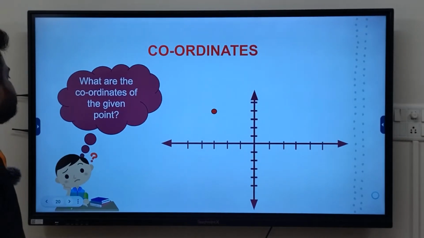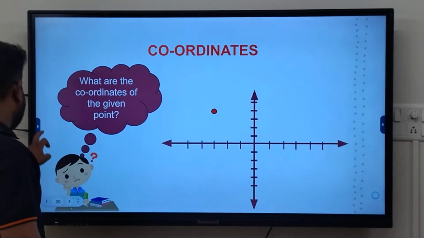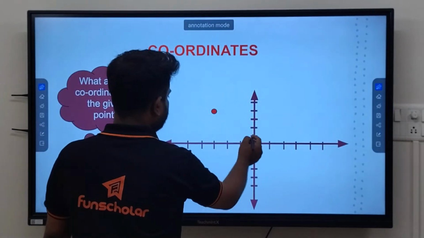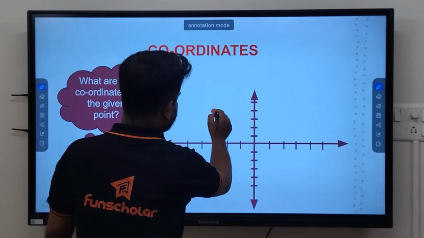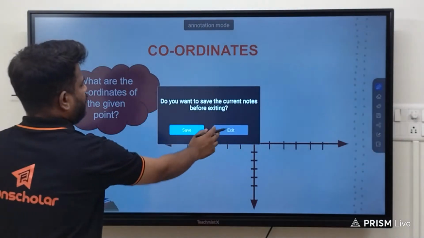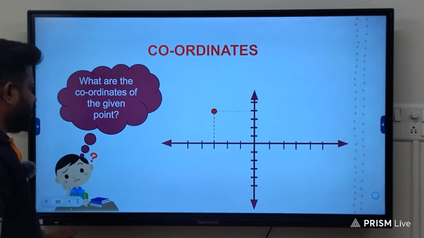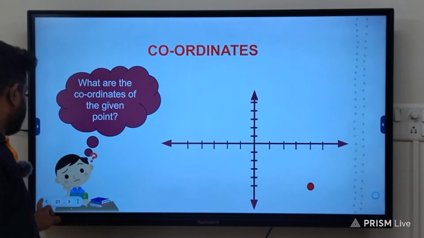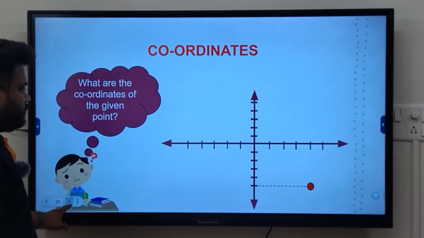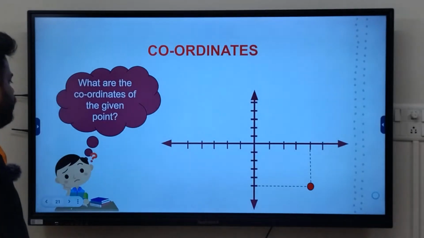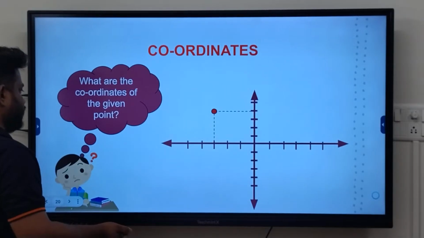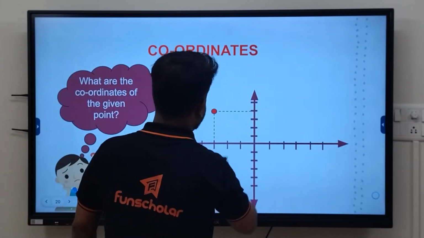What are the coordinates of the given point? You can simply find this one. It will be 0, 1, 2, 3 and 1, 2, 3, and maybe 4. So it will be 3 comma 4 maybe. They haven't told it yet. So the point will be 1, 2, 3, 4 and that is 3.